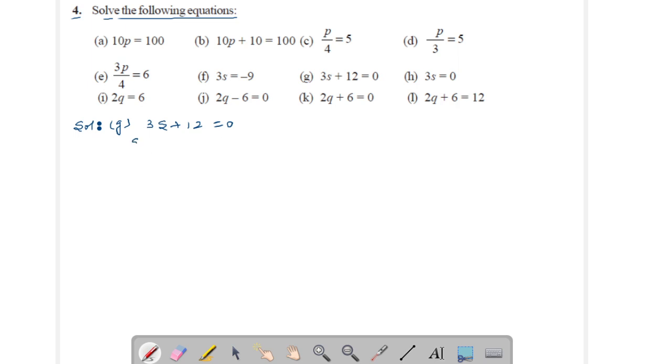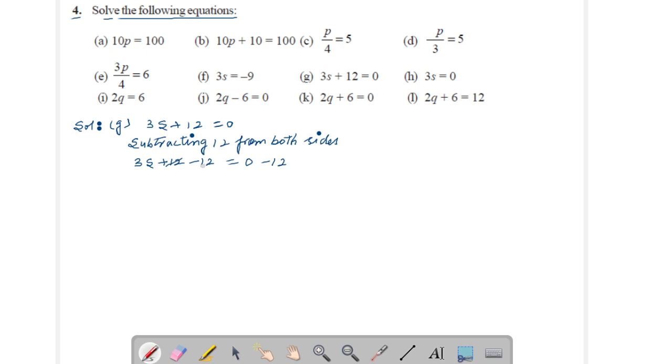So subtracting 12 from both sides, what will you get? 3s plus 12 minus 12 equal to 0 minus 12.